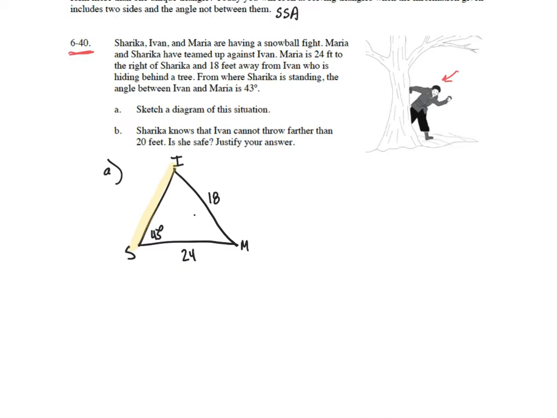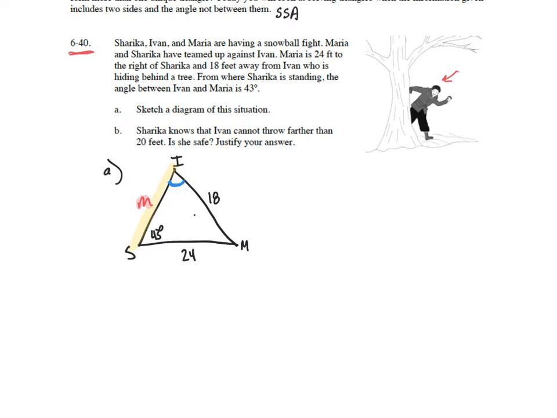All right, so now I'll call this side length little m, and I can use the law of sines to solve that. I'm first going to solve for this angle I up here.